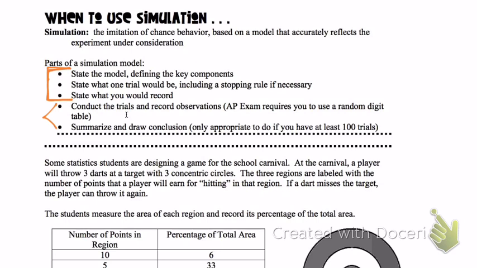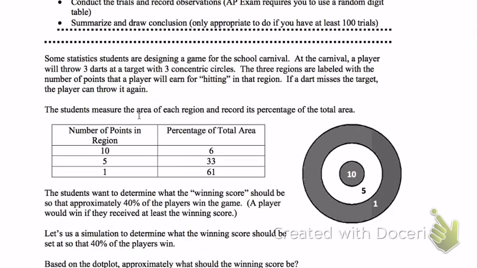So if we look at the example below, we have a dartboard, and it says some stat students are designing a game for the school carnival. At the carnival, a player will throw 3 darts at a target with 3 concentric circles. The 3 regions are labeled with the number of points that a player will earn for hitting in that region. If a dart misses the target, the player can throw it again.